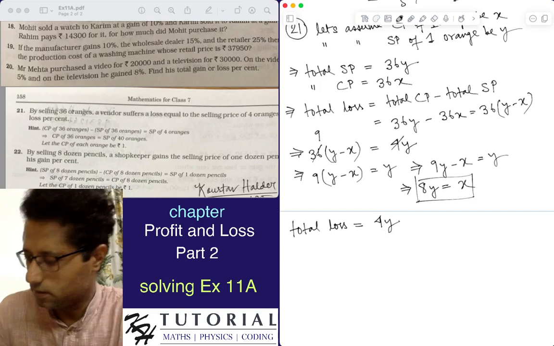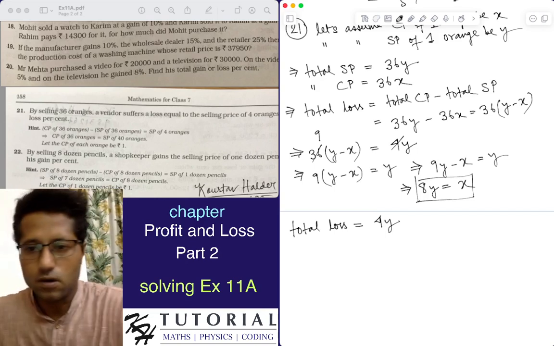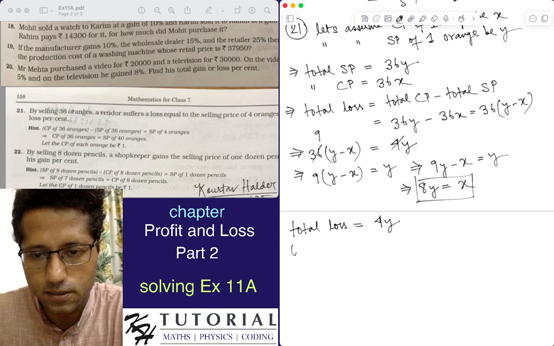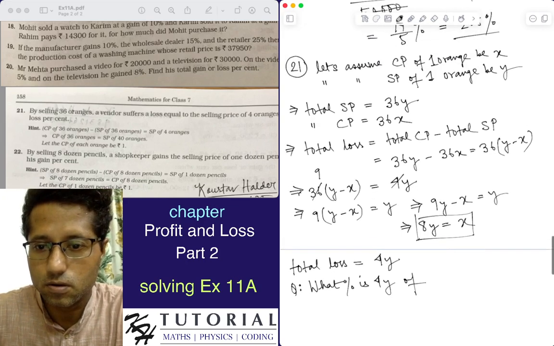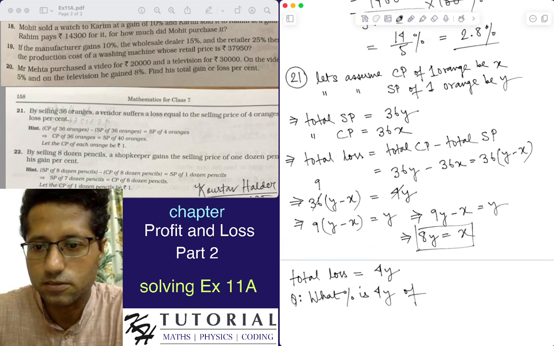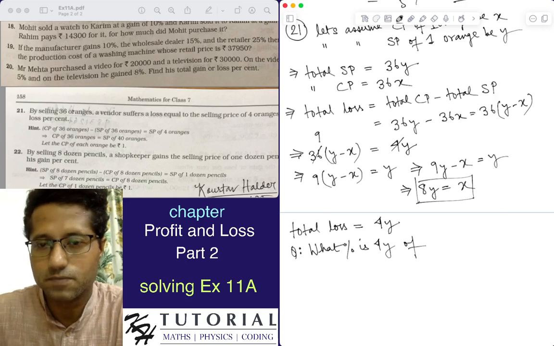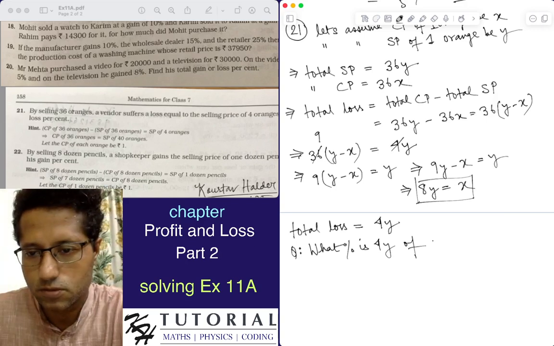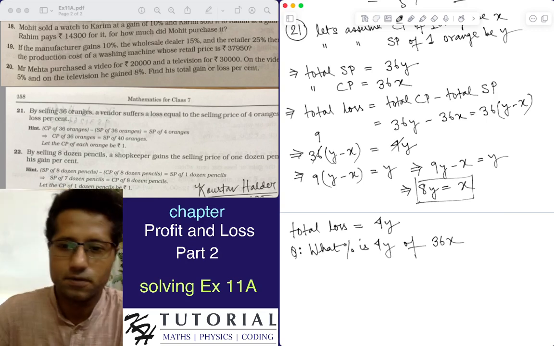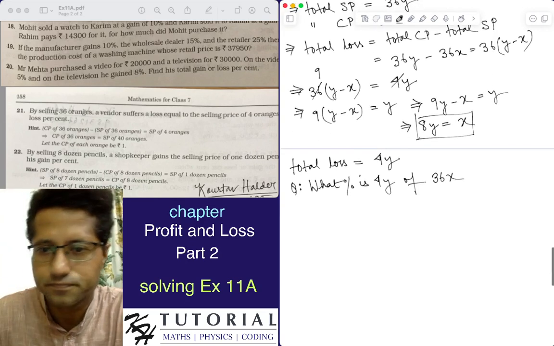So now the question is, what percent is 4Y of the total cost price, which is 36X. The total cost price we have found earlier to be 36X, where we have assumed X to be the cost price of 1 orange. So we have to find what is the percentage of 4Y of 36X.